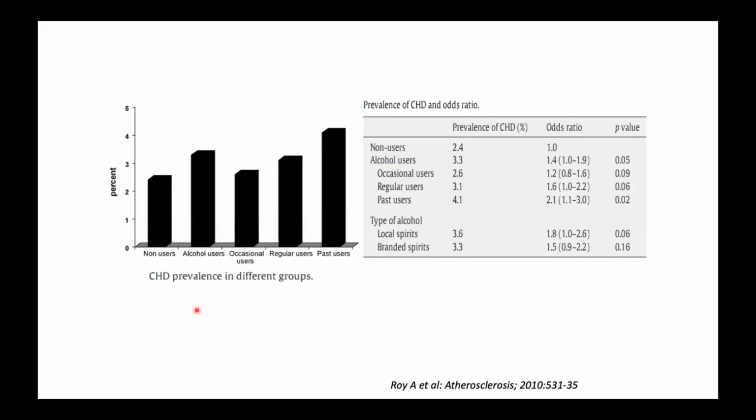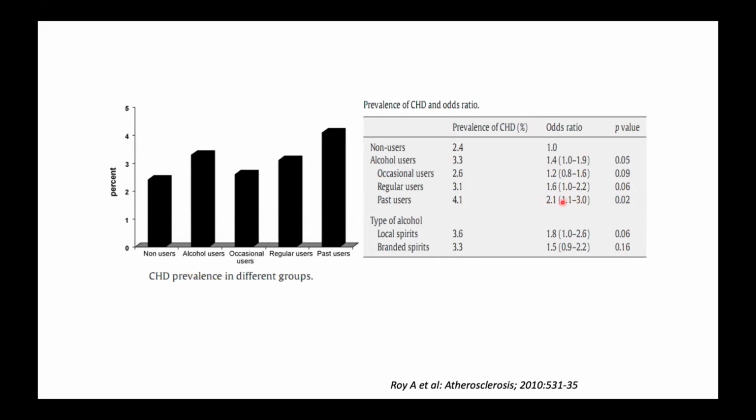And then it was seen that the prevalence of coronary heart disease was much higher if the patient is consuming alcohol compared to the non-user. Around 40% overall, occasional alcohol around 20%, regular users around 60% higher chances of coronary artery disease, and past users around double.